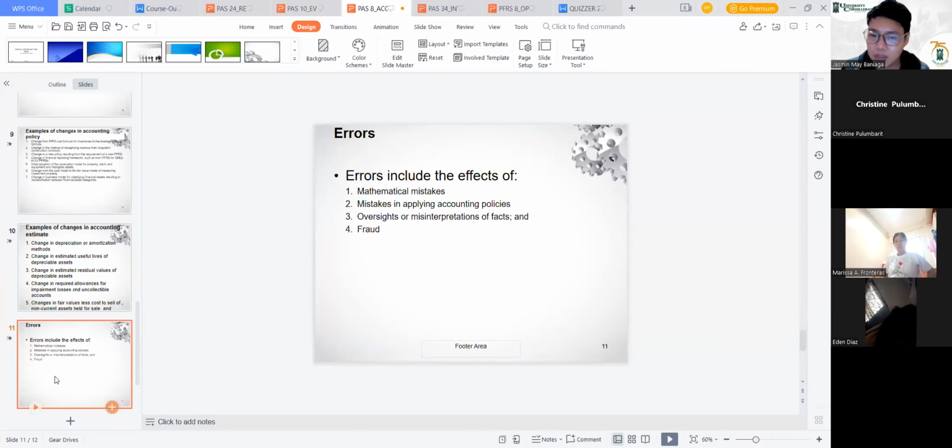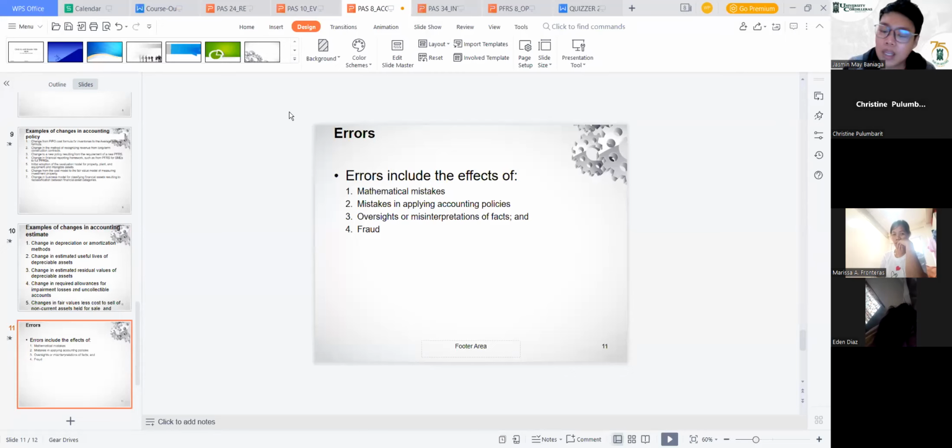Errors, I mentioned already this one a while ago in the previous slides. Basically, it includes the effects of mathematical mistakes, mistakes in applying accounting policies, oversights or misinterpretation of facts, and even fraud. So, bahala na yung accounting theory for frauds.